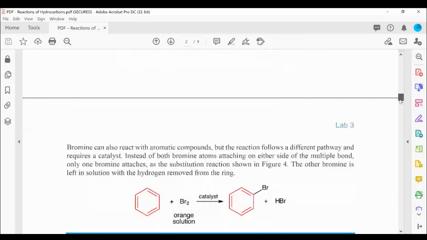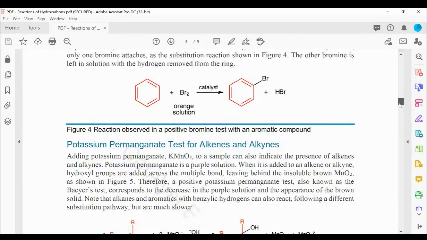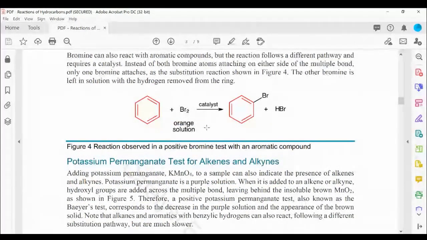And then here they are saying what they do. This is a little confusing because they are telling you that aromatics react with bromine, but not in the conditions that we are doing the experiment. I don't know why they wrote it here in this way, because in general, aromatics won't give us an addition reaction. If you see here, you still have the double bond.